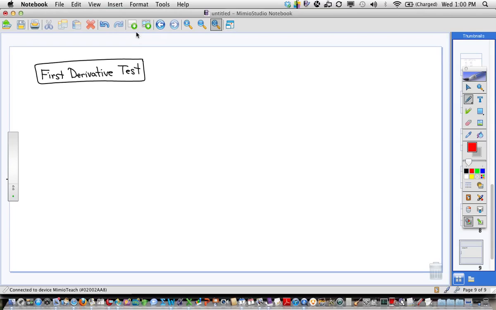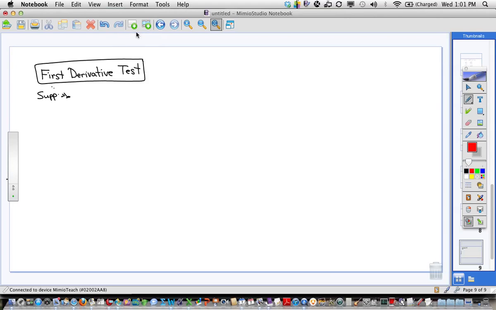This is called the first derivative test, right? That was the name of your document. Now, why is it called a test? It's a test for a local max or a local min. It's a test to see if a stationary point, a critical point, is a local max or local min. All right? So, we start with this.